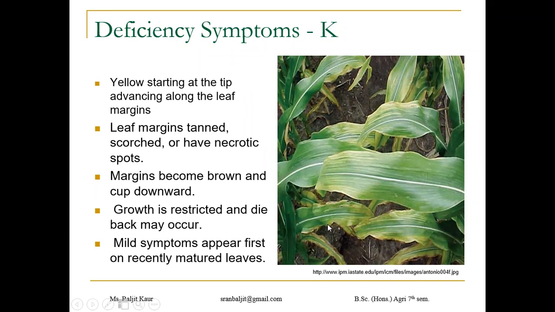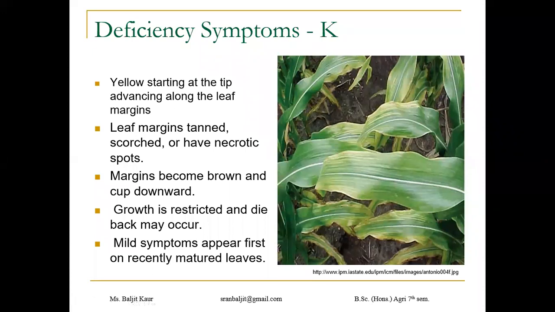And in these leaves you can see the necrotic tissues, the dead areas on the margins, right? So necrosis occurs on the margins and tip of the leaves. This is the major deficiency symptom of potassium, right?